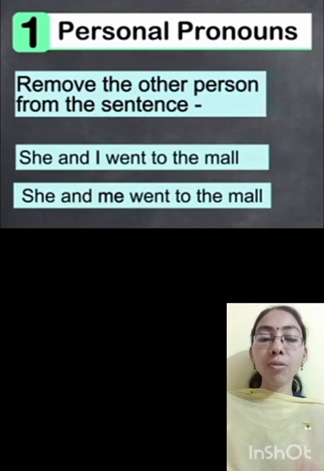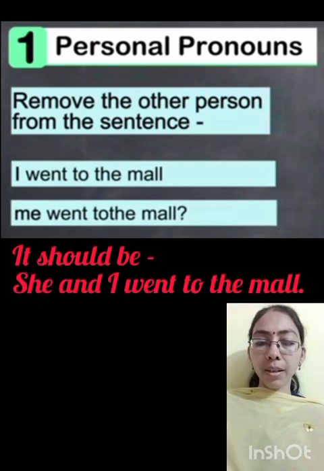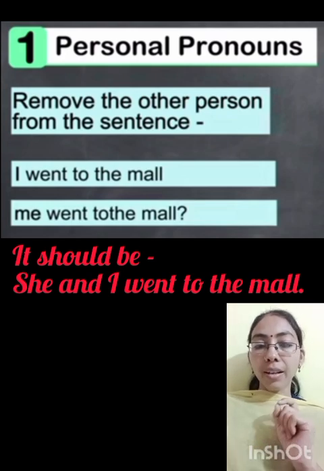So let's remove she. Now is it I went to the mall, or me went to the mall? Which one is correct? The right answer is I went to the mall. So it should be she and I went to the mall.